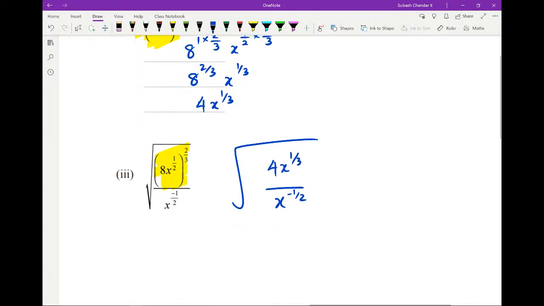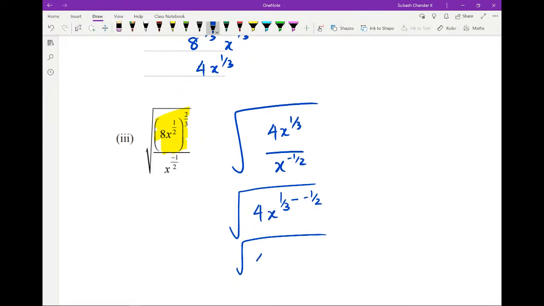So the first step is to combine the x powers together. So I'm going to have the square root of 4x to the power of 1/3, and remember, when you divide the powers, you've got to subtract them. So there's going to be minus negative half. In other words, it's going to be 4x to the power of 1/3 plus half.